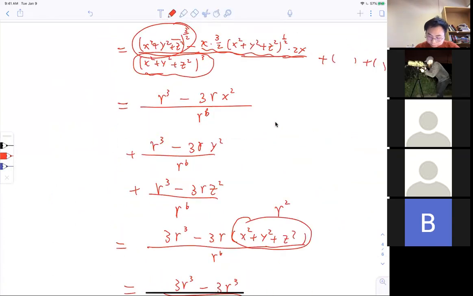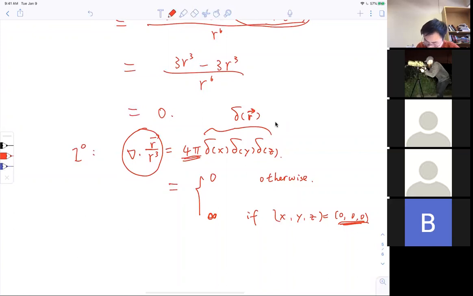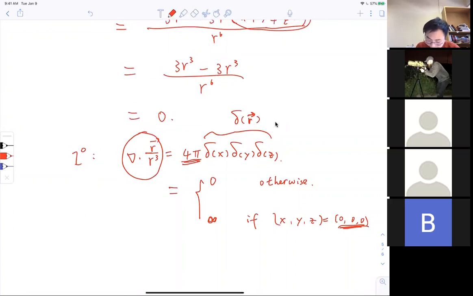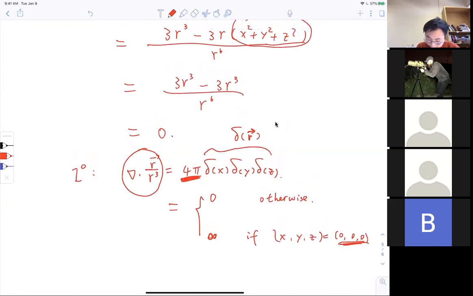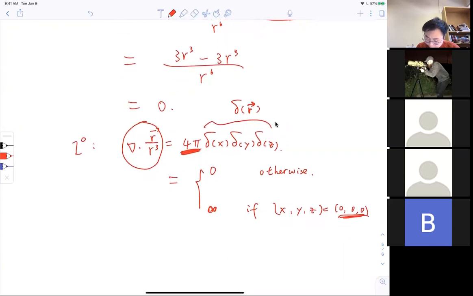I guess there's a 4 pi, right? It's already infinity, so it doesn't matter. Here's a 4 pi. I think it's not infinity, it's 4 pi, like with the definition of the Dirac function.